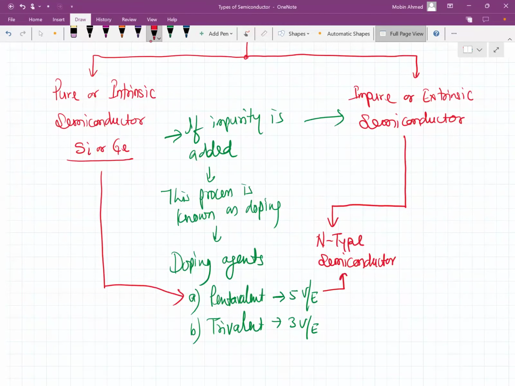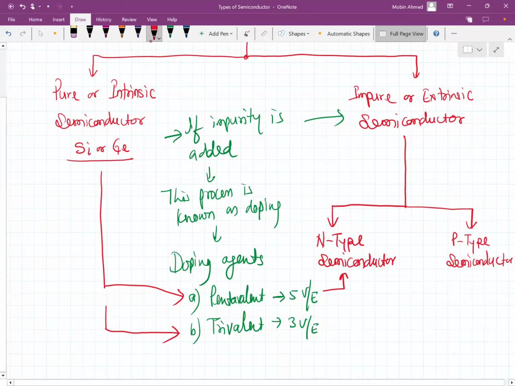This is because of adding a pentavalent atom or doping agent. If we add trivalent, it makes a P-type silicon or germanium semiconductor. So this is the trivalent.